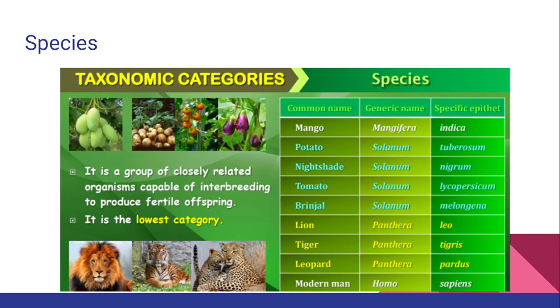So this is what I wrote in this particular slide. Have a look at it. Now, one by one, we are going to see all the categories. When I talk about the species, we have already studied species.